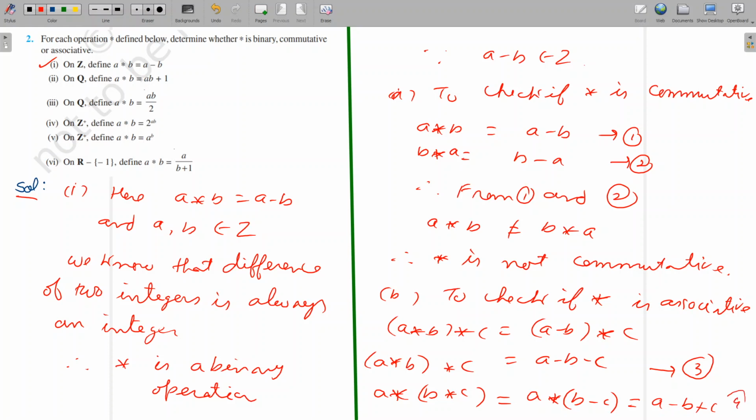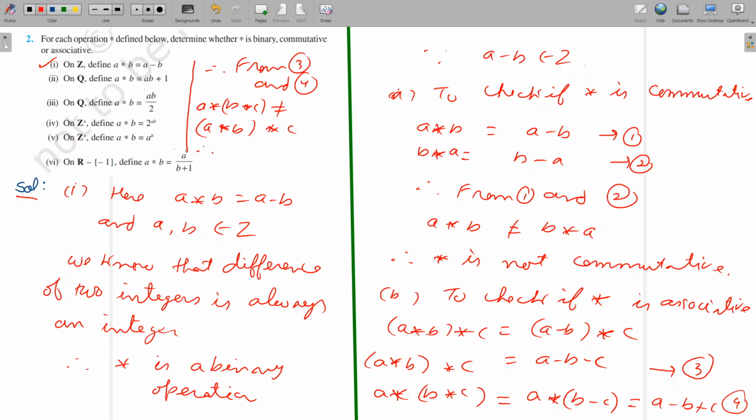Let this be the fourth one, and clearly we can see here from 3 and 4 that they are not equal. So, star is not associative. Therefore, from 3 and 4 we can say that (A star B) star C is not equal to A star (B star C).